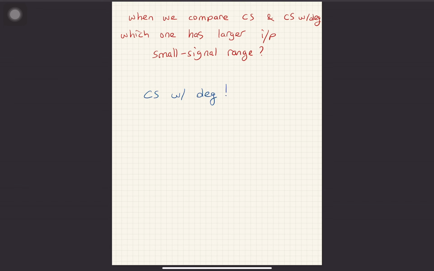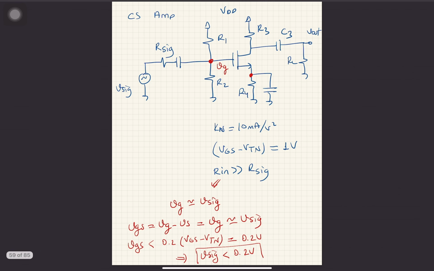Why? Because for the previous amplifier, for common source amplifier, your input signal, assuming that Rin is much larger than our signal, directly appears at the gate voltage. Source is grounded, so V signal is directly equal to VGS voltage. Therefore, the small signal limitation directly affects V signal. But for common source with degeneration, you have a resistance in here, and this point is AC-wise grounded.